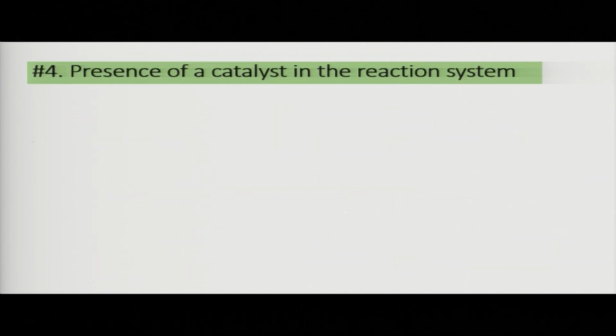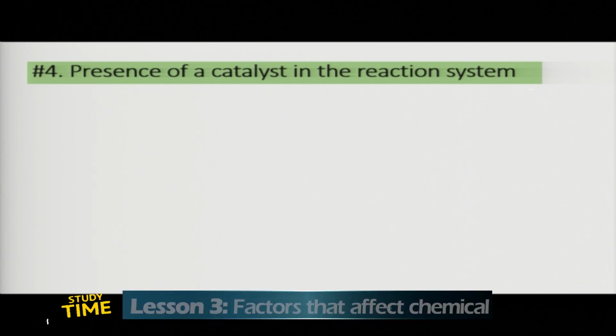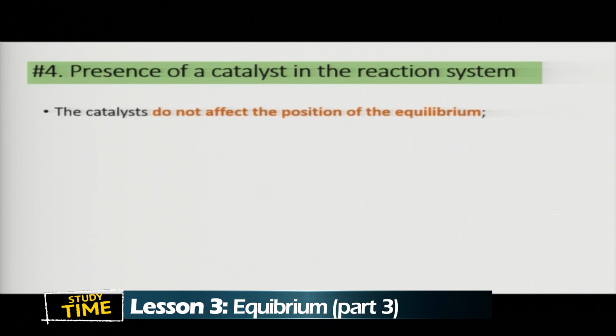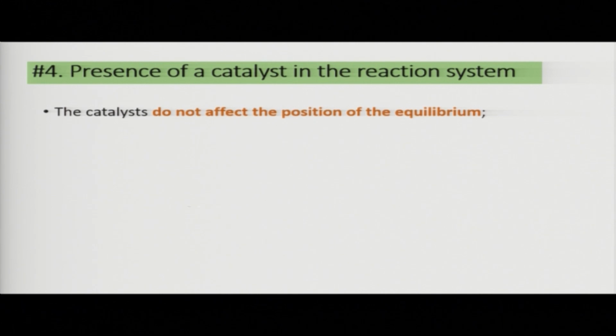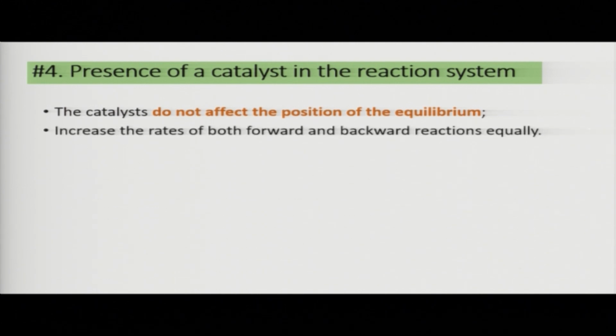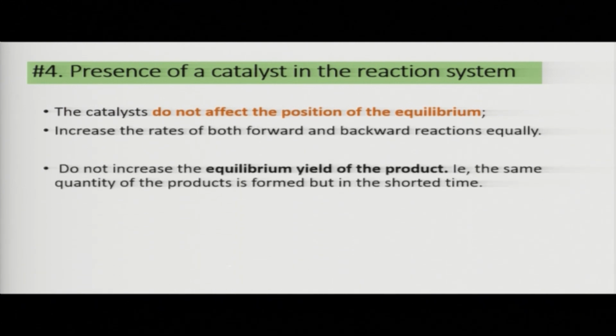So let's look at the catalyst, presence of a catalyst. How does a catalyst affect the reaction system? They do not have any effect, and why they do not affect is because they increase both the forward and the backward reactions equally.